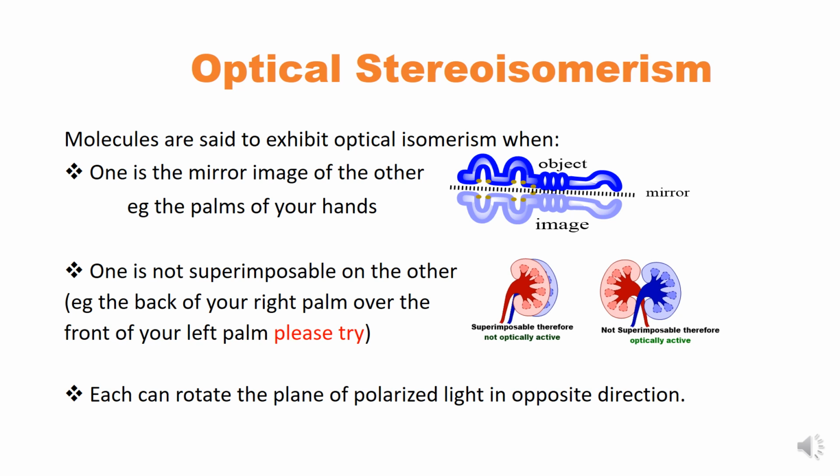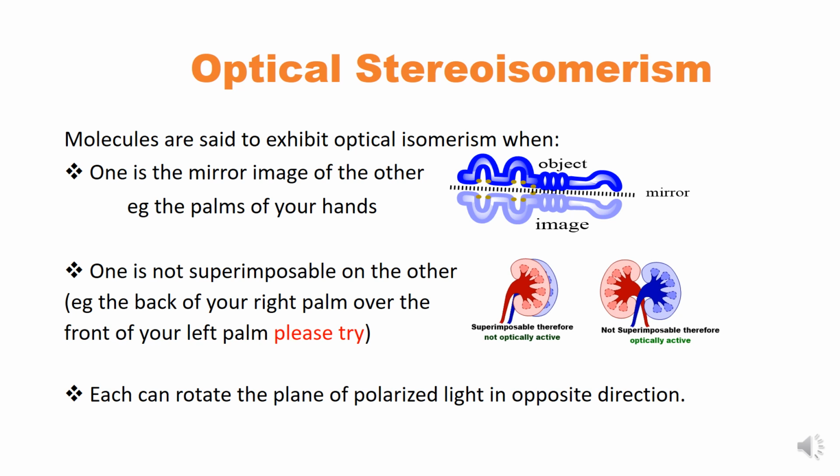If you join the two palms of your hands together, you realize that the left palm is exactly as though it is the right palm. As you can see in the structure here, there is a mirror lying in between the deep blue object, which now shows a reflection as the light blue object. So the deep blue object is the object, while the light blue is the image.